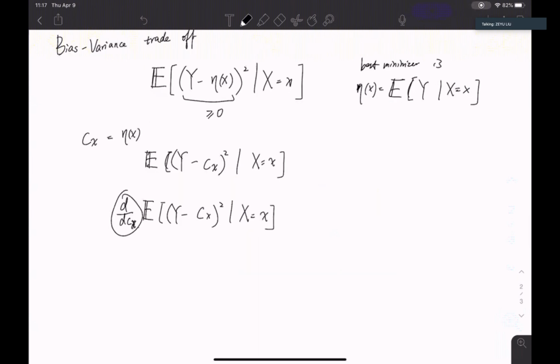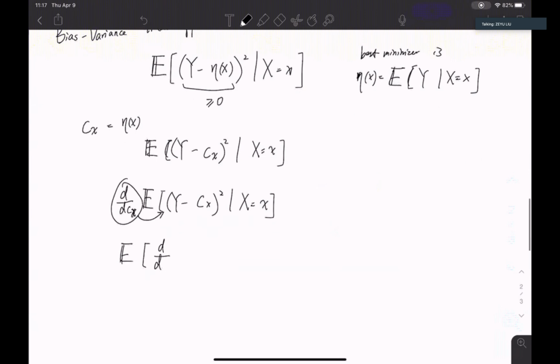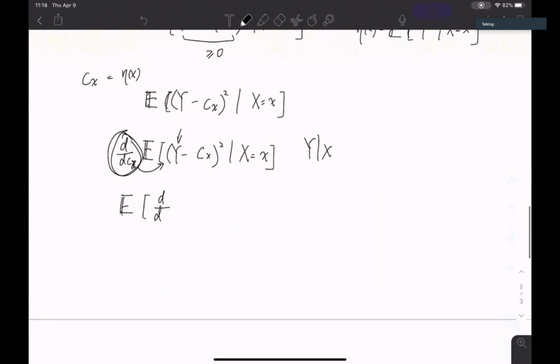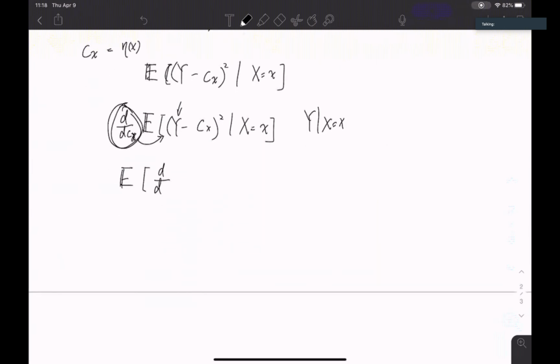And we can push this into this expectation because it does not affect the result. There's no randomness here. The randomness comes from y, or y conditional on X equals x. So we can push this derivative into this quadratic and then do the differentiation.